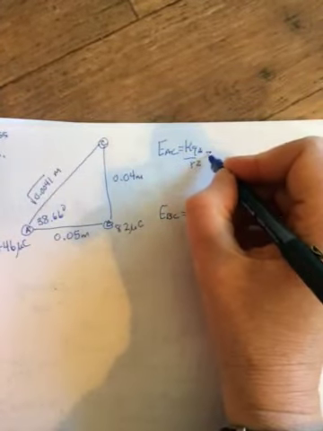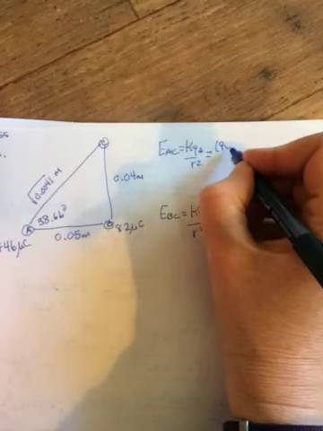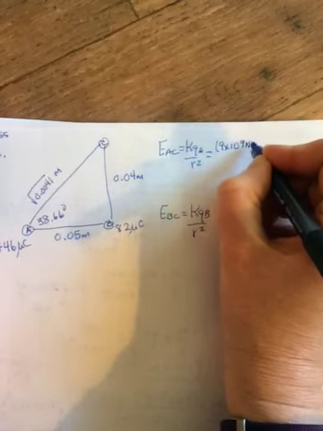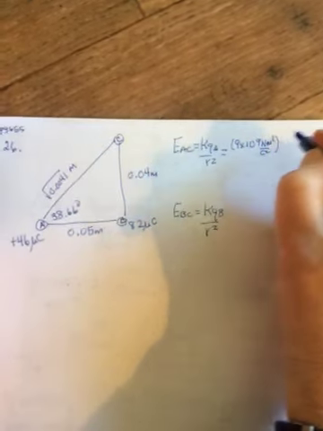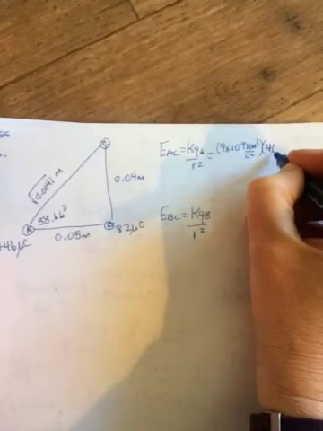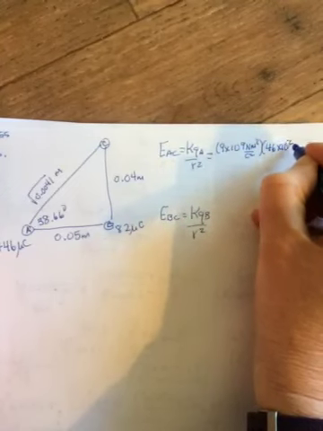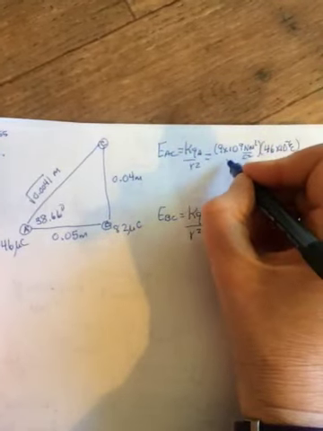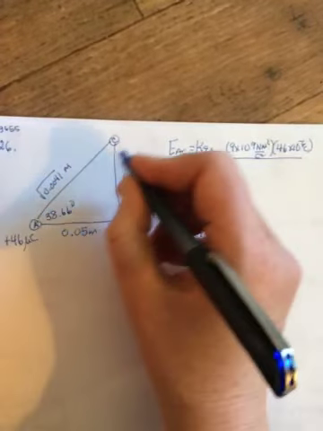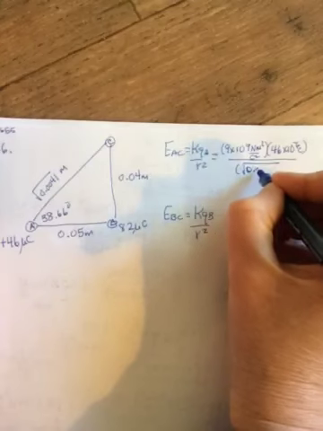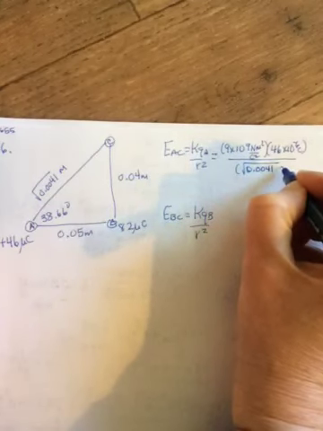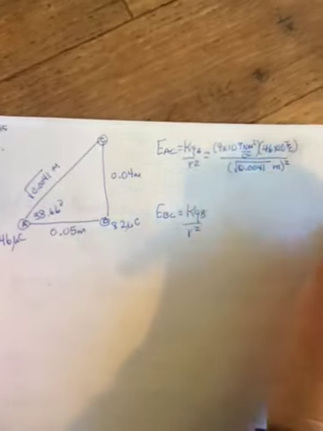So we do kQA over r squared, so 9 times 10 to the 9th newton meters squared per coulomb squared. QA is 46 microcoulombs, so 46 times 10 to the negative 6. And the r is the square root of 0.0041 meters, and that gets squared.